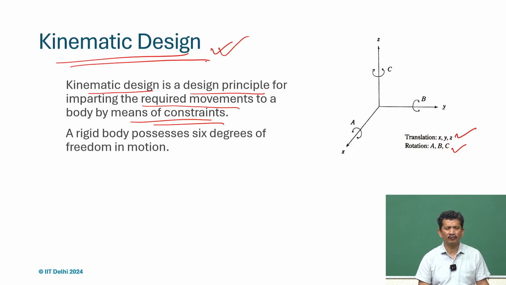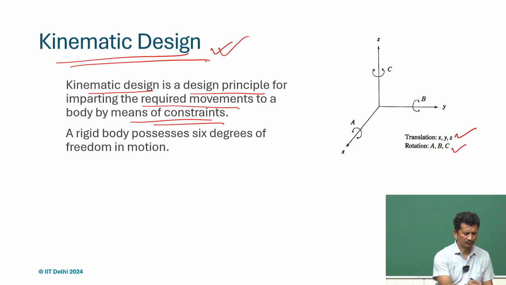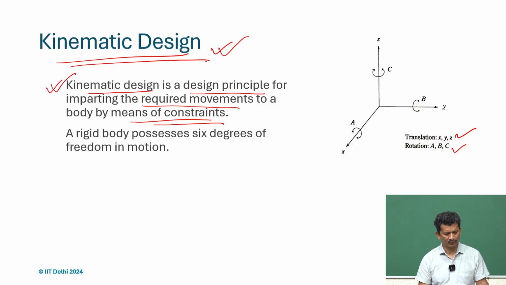If we achieve the design using this principle, we usually call it kinematic design, or we can also call it exactly constrained design. So, we are talking about the minimum number of constraints here.